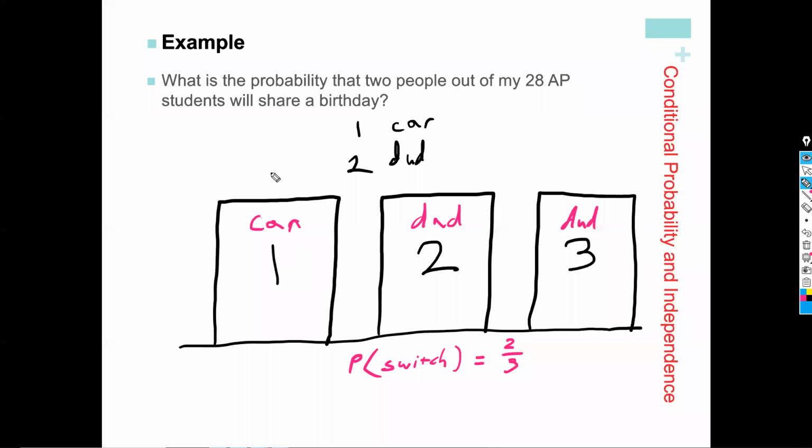So the first one is the sad situation, which is we pick door number 1 from the start. We pick the car. And so they open one of the dud prizes, doesn't matter which one. So let's say they open door number 3. That was the dud. And we switch our choice to door number 2. And it's the dud, we lose.